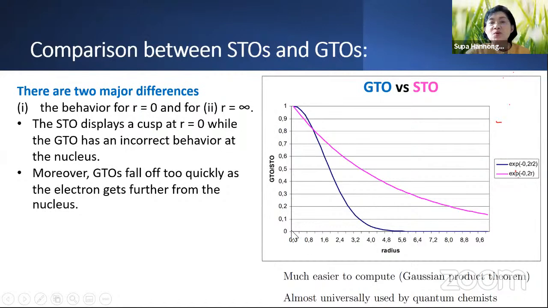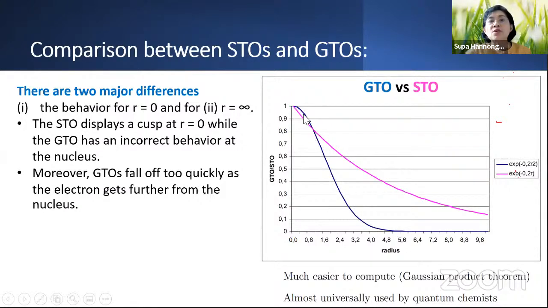But when you look at the behavior for R equal to 0, this means at the nucleus. The STO displays the correct behavior at R equal to 0, while the GTO has the incorrect behavior.